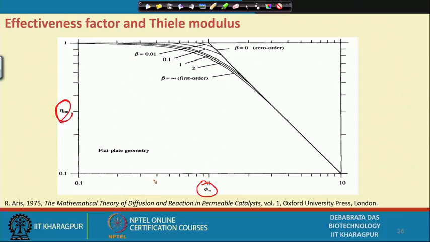If phi is less than 0.3, eta is close to 1, but if it is more than 0.3, then your eta value is less than 1, that is, your mass transfer problem is more. Here if beta is equal to 0, it is considered as 0 order, and when beta tends to infinity, it is considered as first order reaction.